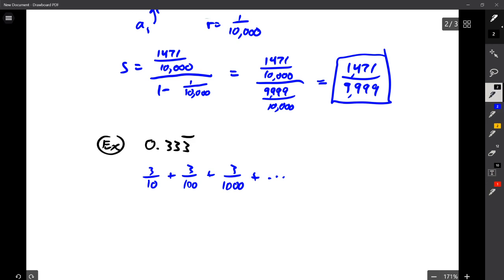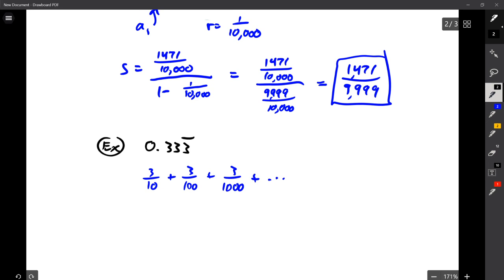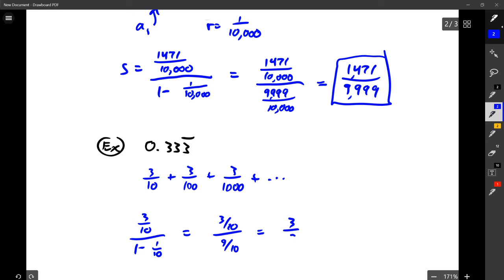Let's check with the formula. We have 3/10 over 1 minus 1/10, which is 3/10 over 9/10. Invert and multiply, you get 3/9, which is 1/3.